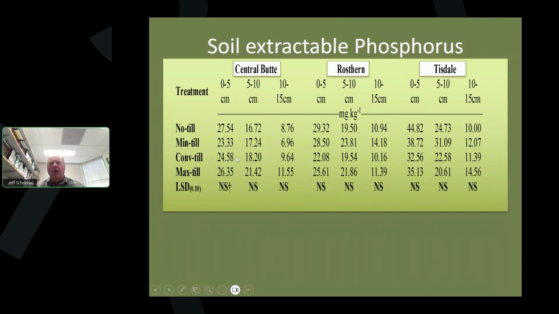But overall, as we look at the distribution of phosphorus across those three depths, we can see it kind of smoothing out, where the concentration in the surface is decreasing and the concentration deeper down tends to be increasing. Really seeing this at all of the sites.